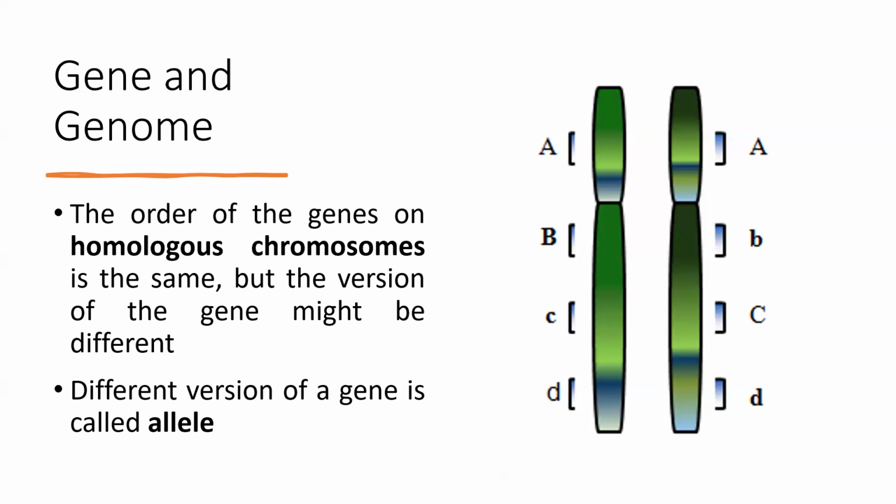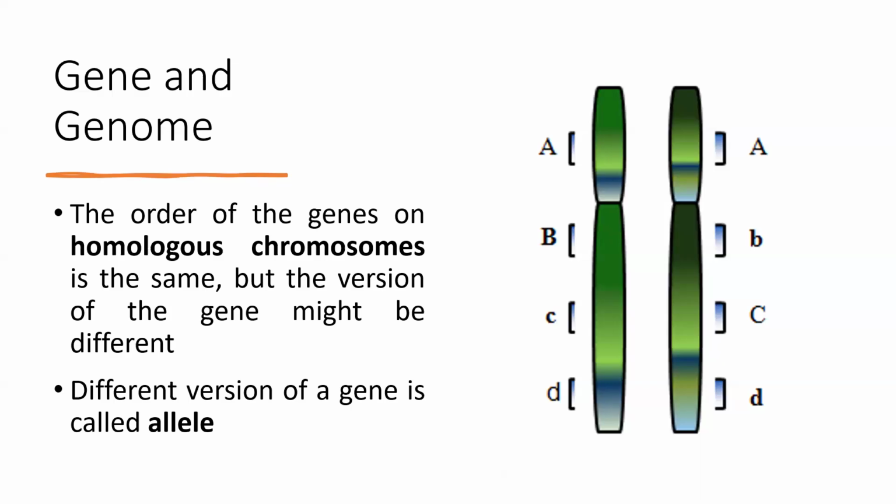A different version of a gene is called an allele. So brown eye gene versus blue eye gene, that's alleles. Or like the hairline, whether it's straight or a widow's peak. You guys know hairlines? They could be straight or a widow's peak, and that's genetic.